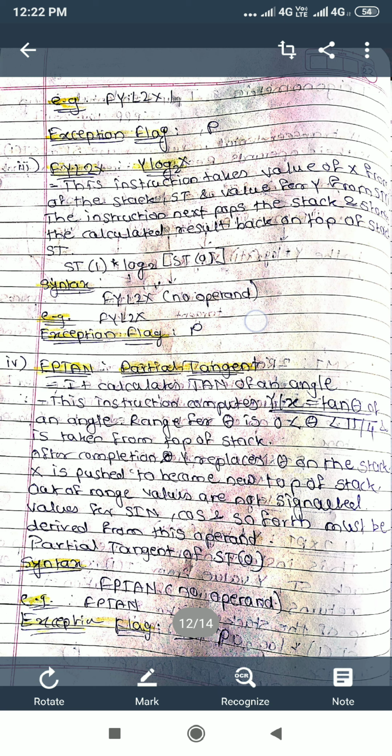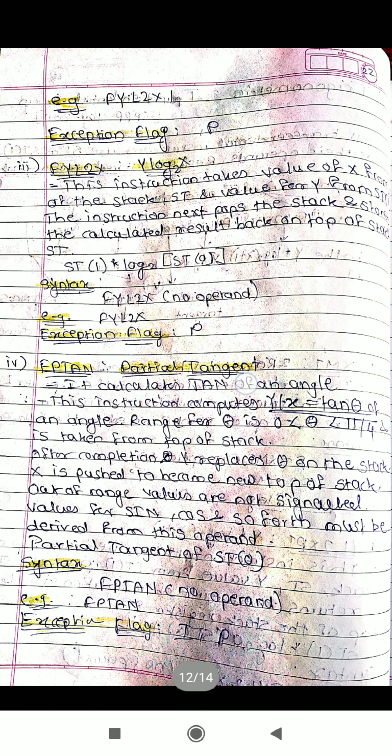The instruction next pops the stack and stores the calculated result back onto the top of the stack, that is ST, stack top. Here we can see the syntax for this is fyl2x with no operand, and the flag generated for this exception is the parity flag.